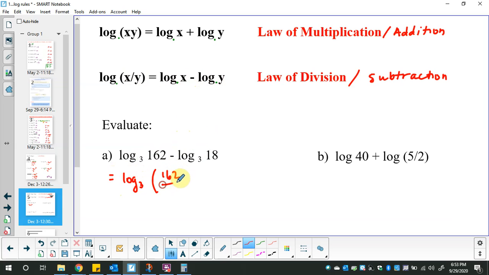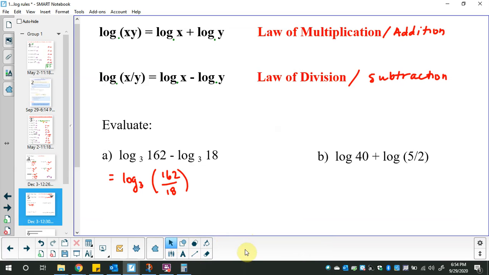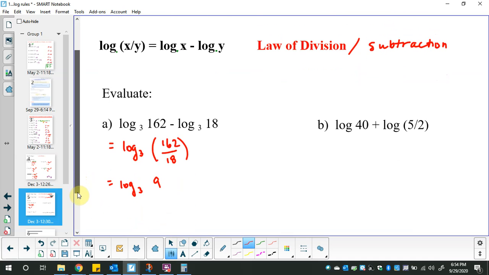So I know I said my calculator was very far away. Total lie. 162 divided by 18 equals 9. So that bracket, I can scale it back a little bit. And this is something that you should be able to evaluate in your head.